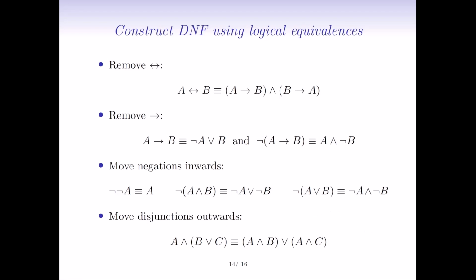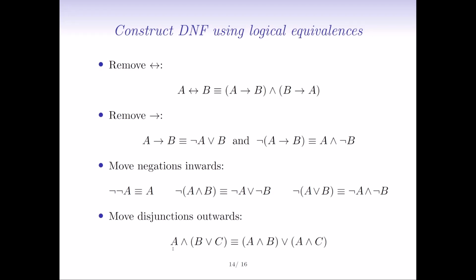can use our distribution of conjunction over disjunction. Remember, we have this law: A and (B or C) is equivalent to (A and B) or (A and C). By applying this equivalence from left to right, and in fact you should really apply all of these equivalences from left to right. They're valid in both directions, but for converting to DNF you really want to apply them from left to right, because that will get you closer to DNF-ness.